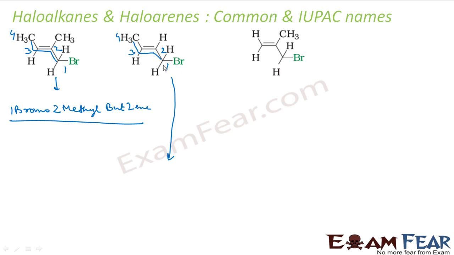If I number in the other fashion, the bromine gets number 4, that is bad. So I'll number in this fashion, so it becomes 1-bromo. Then I have 4 carbons, so it's but. At the second position I have a double bond, 2-ene. This is the name.